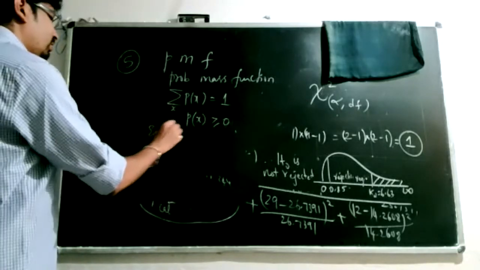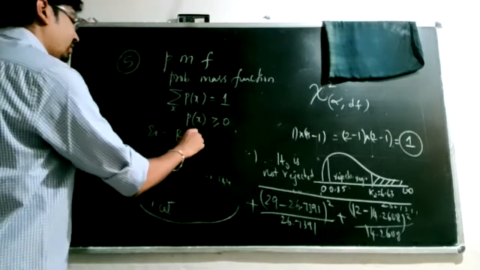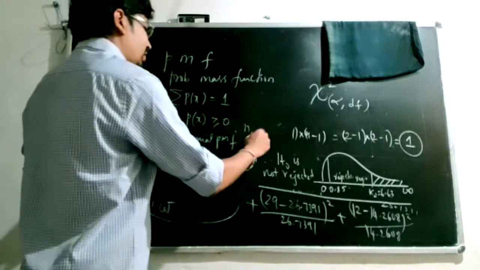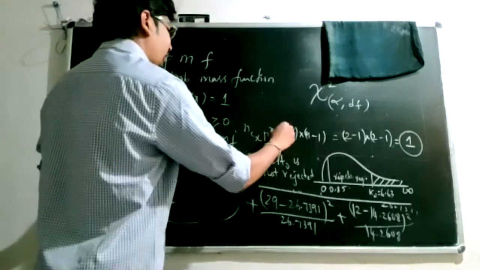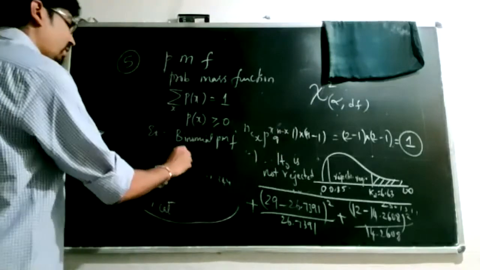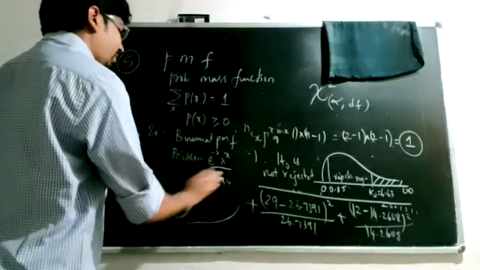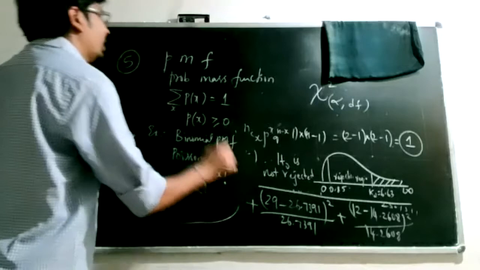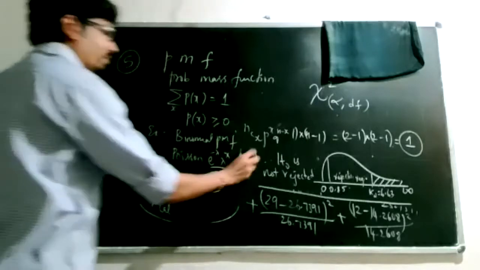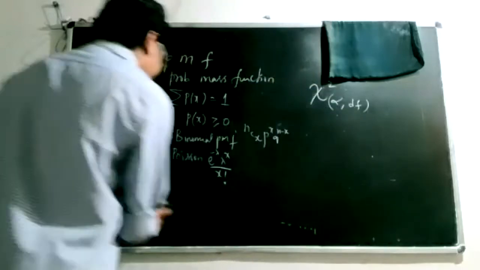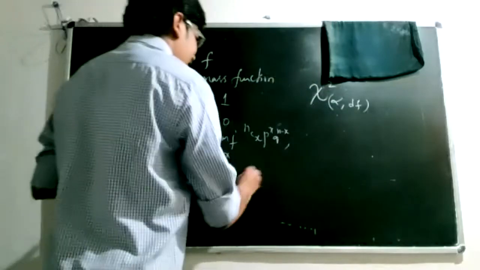For example, you have the binomial PMF, which is nCx p to the power x, q to the power n minus x. You have the Poisson PMF, which is e to the power minus lambda, lambda to the power x by x factorial. Whenever you write a PMF, you complete it with respect to the range of the variable as well as the parameters.